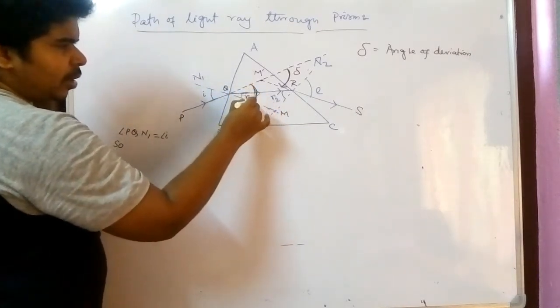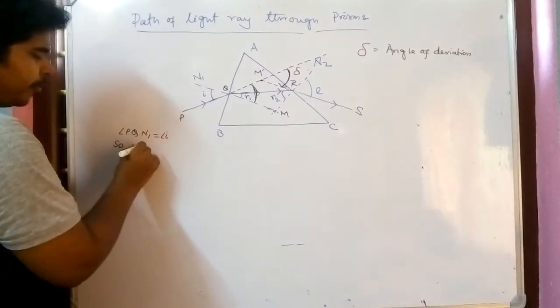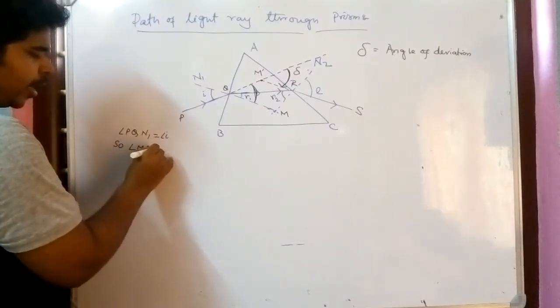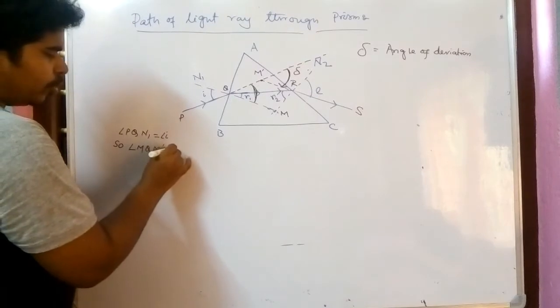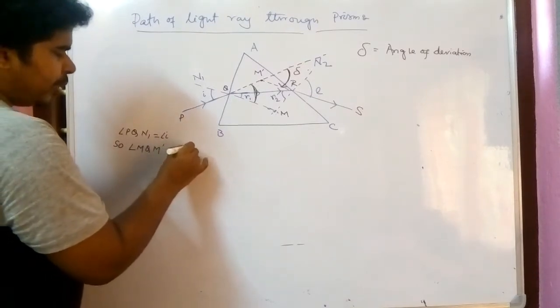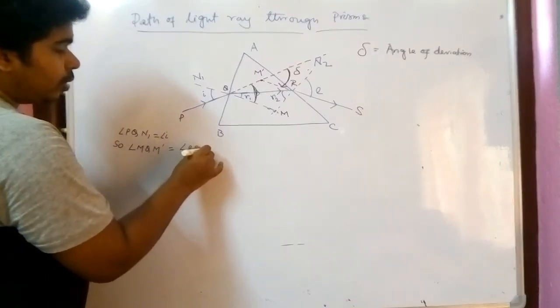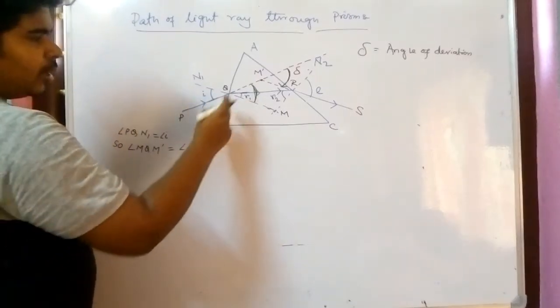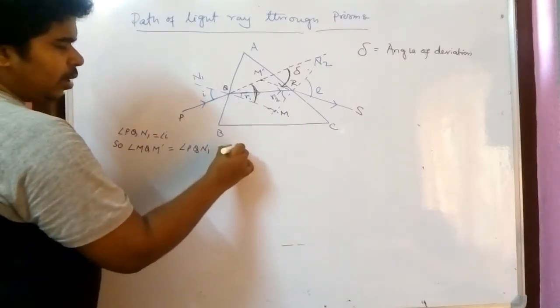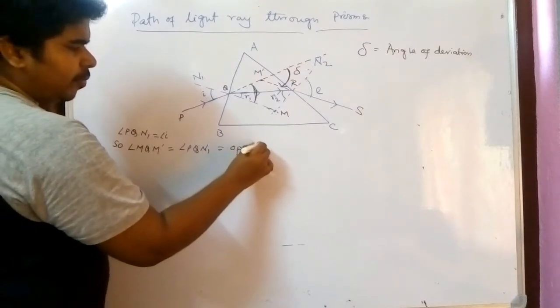Okay, you see, angle MQM dash should be equal to angle PQN1. Why? Because you see, they are opposite angles, or vertically opposite angles.